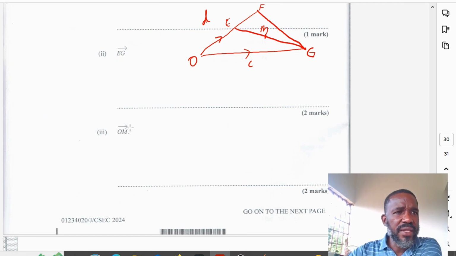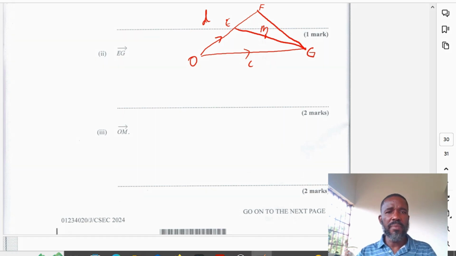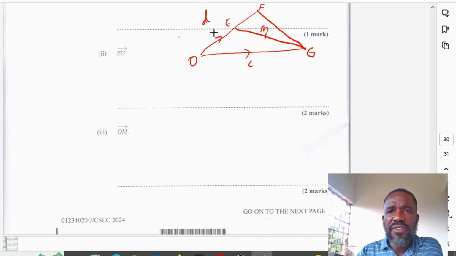We want to find the vector OM. Remember they told you that M is actually the midpoint of EG, right? So that means if I'm going to go to vector OM, I'm walking from O to E and then from E to M. In order for us to do that, OM is actually equal to OE plus half EG.